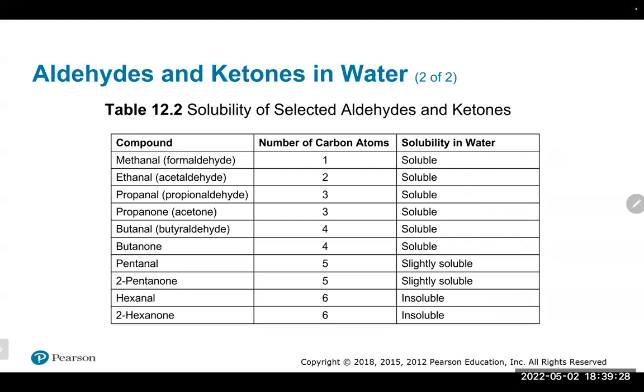As you can see here, these are our aldehydes, pretty soluble, less than 4 carbons. And these are our ketones. You start losing solubility as you build up those carbons, and as we talked about, it really does get in the way of everything.